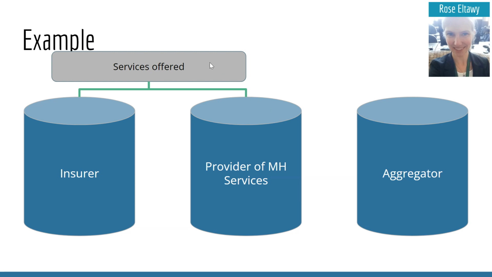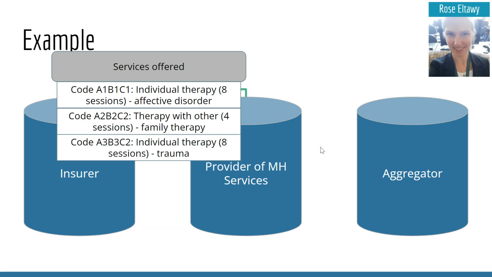So for an insurer, they may be asking that the provider selects from these types of categories. They may have a specific code. The code A1B1C1, individual therapy, affective disorder, 8 sessions, A2B2C2, therapy with another, etc. So they may have different ways that they code the same information between these two different websites, depending on whatever they are providing, whatever is being asked.